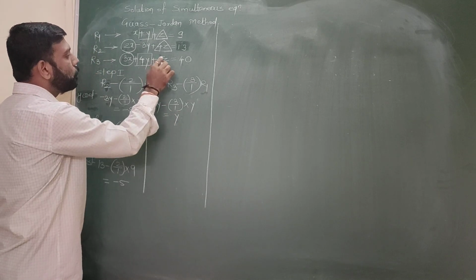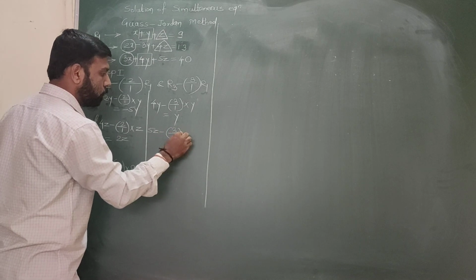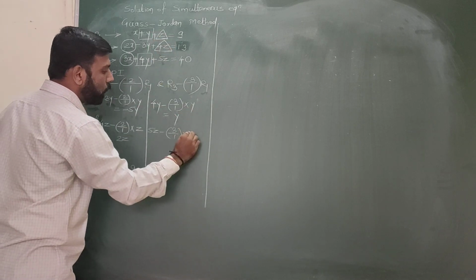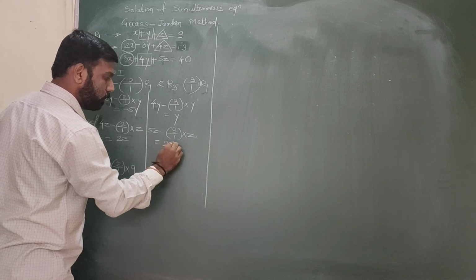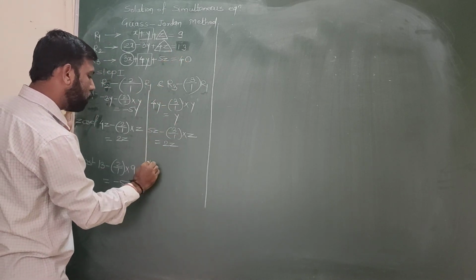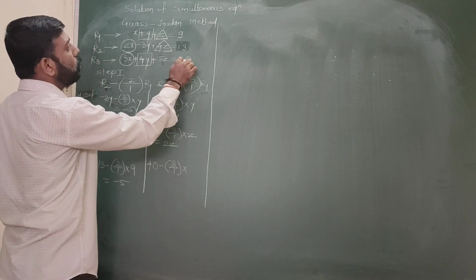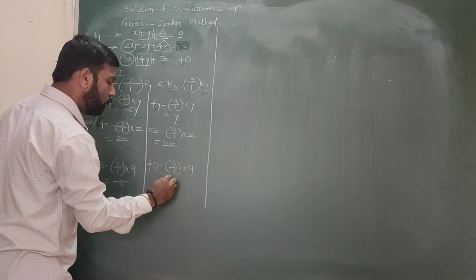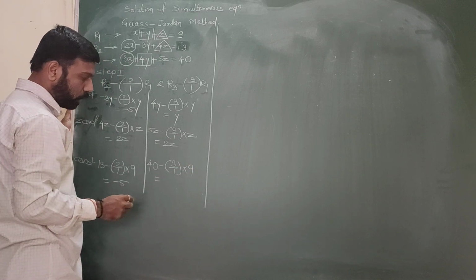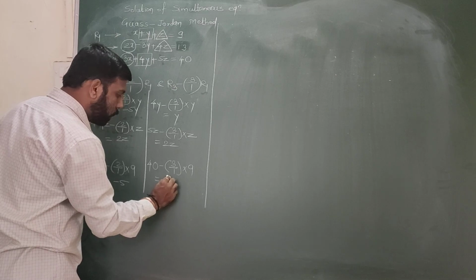Similarly z: 5z minus 3 by 1 into its z coefficient, so it is 2z. Next the constant: 3 by 1 into its R1 constant 9, and it becomes 30.